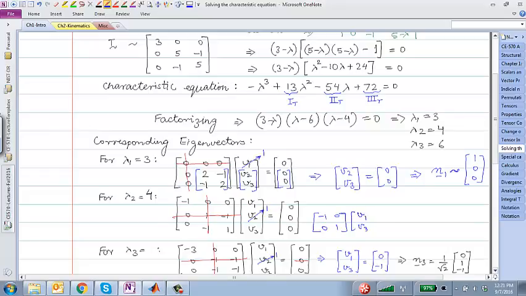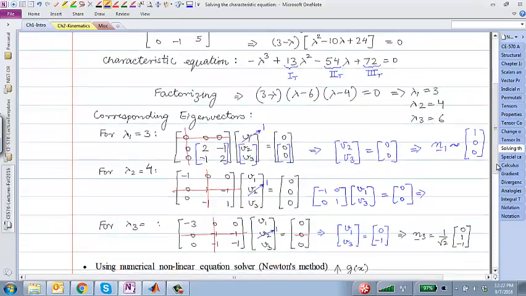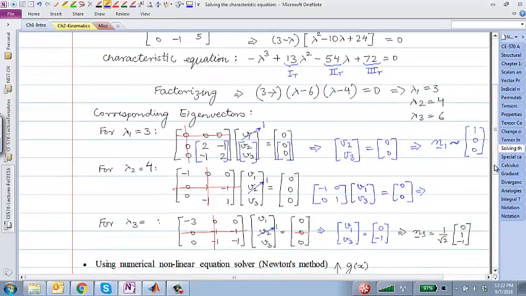I can solve the system -1, 0, 0, -1 times V1, V3 equal to 0, 0, which simply means that V1 and V3 should be 0.